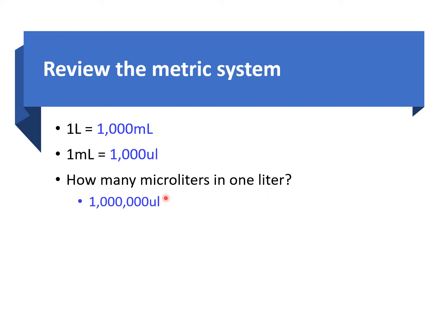That shows you how small a unit a microliter is. It's the millionth of 1 liter. And that's why when we are measuring things in microbiology, because we are dealing with bacteria, which are very small, we usually measure things in terms of microliters.